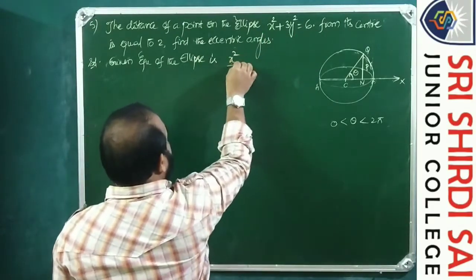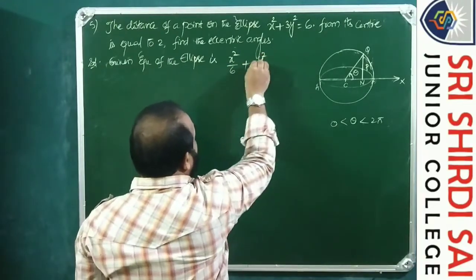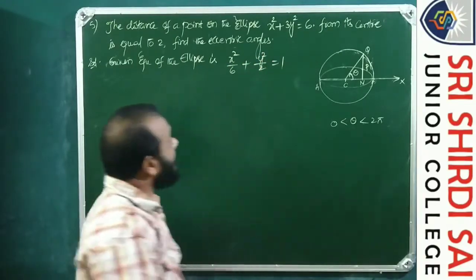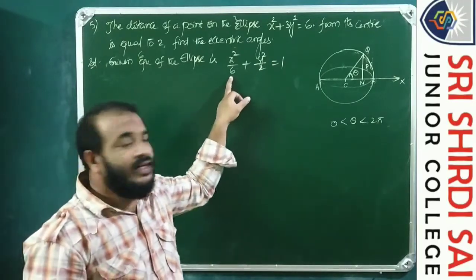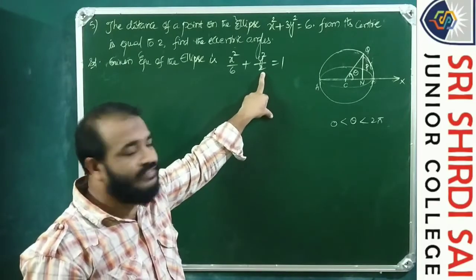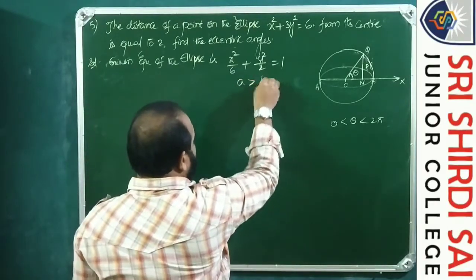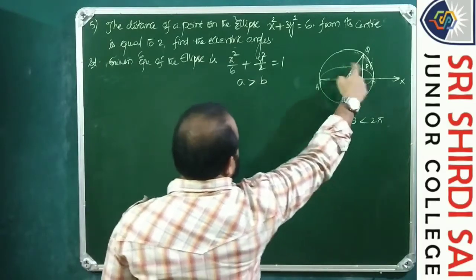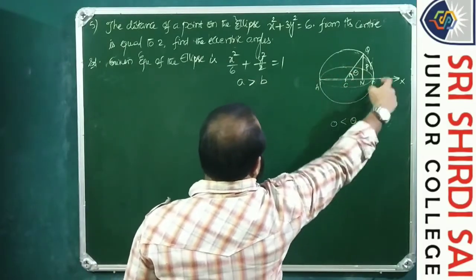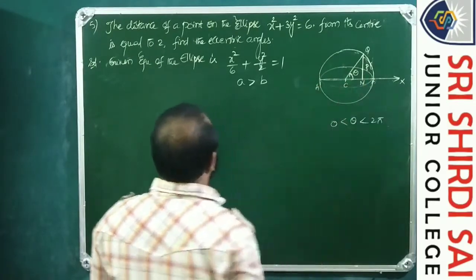So x square by 6 plus 3y square by 6, which is y square by 2, equals 1. Here obviously a square is equal to 6, a equals root 6, b square equals 2, b equals root 2. Therefore a is greater than b. Therefore the major axis is along the x-axis.